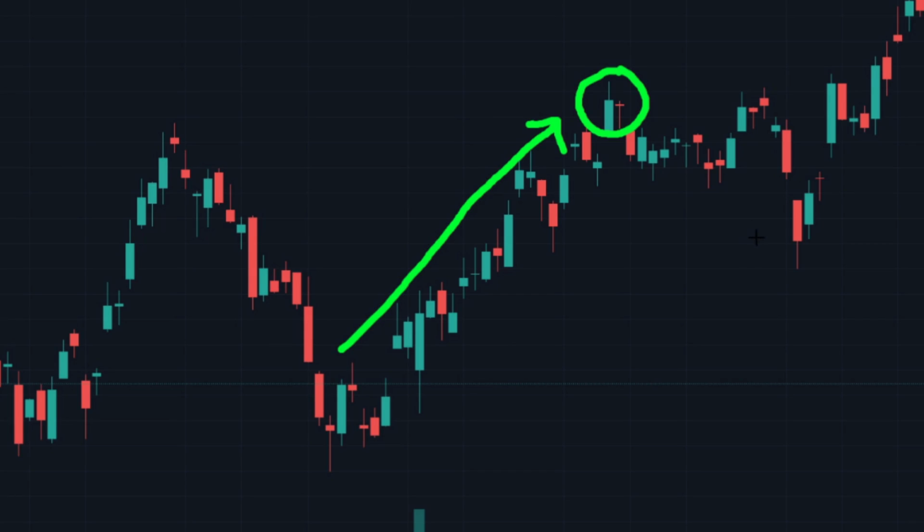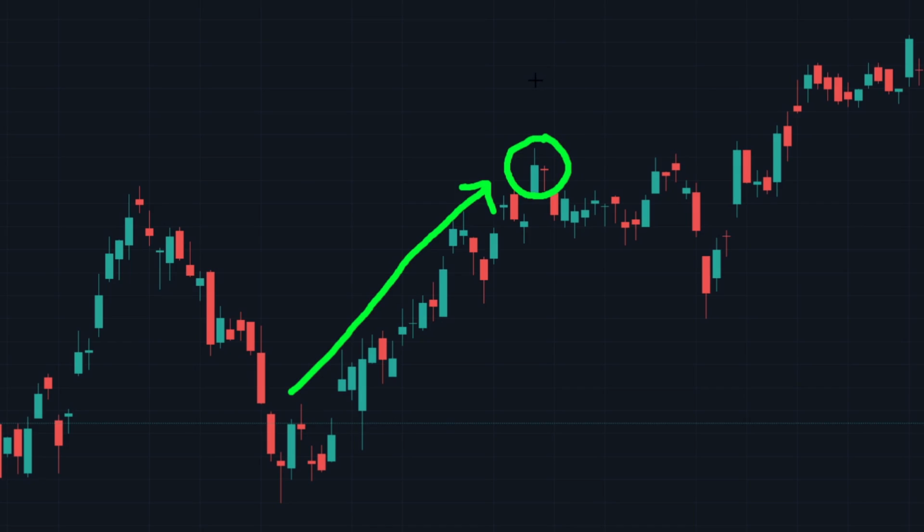The first candle is a strong green one, and the second candle right here is, in my opinion, a doji. As you can see, it actually has a tiny real body, but it is very rare that we have a perfect doji. Lots of the time we have some form of small real body, but we can still consider it a doji and a Harami cross pattern.